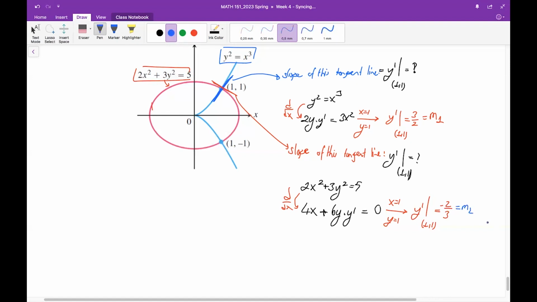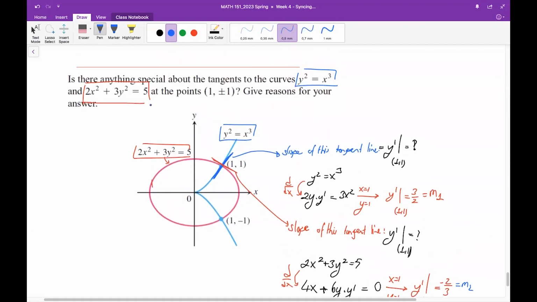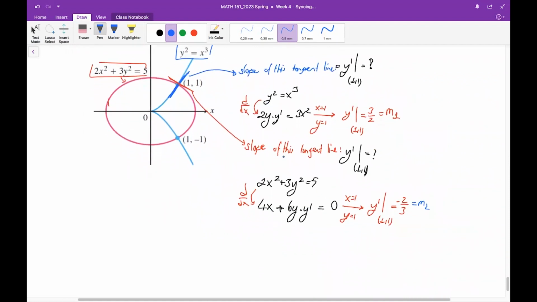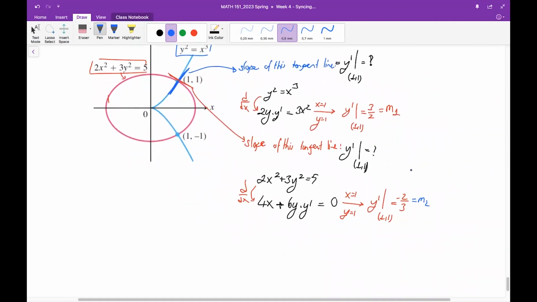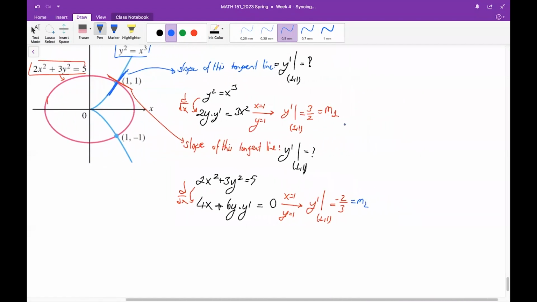Remember the question: what is special about these tangent lines? Compare this m1 and m2, please. What is their product? Someone says it's a reflection.